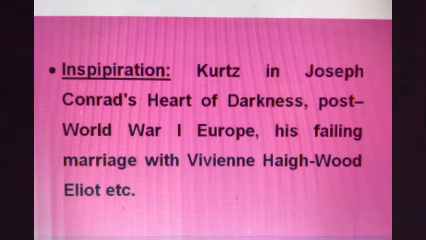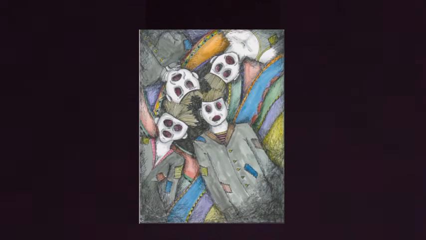Then also Eliot's failing marriage with his first wife, Vivienne Haigh-Wood Eliot. So these were the inspirations to pen the poem The Hollow Men.